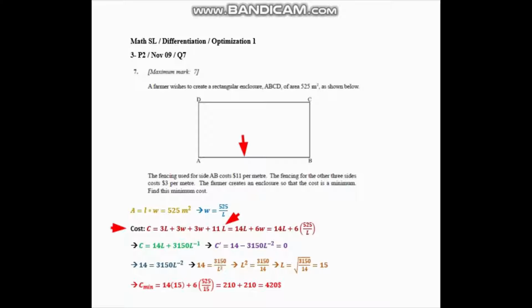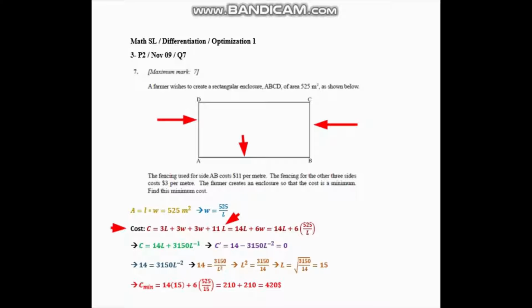Similarly, for this side, it costs $3 per meter to fence. So if this side is 1 meter, it shall cost $3. If it is 2 meters, it shall cost 3 times $2. If it is W meters, it shall cost 3W. This applies as well to this side.